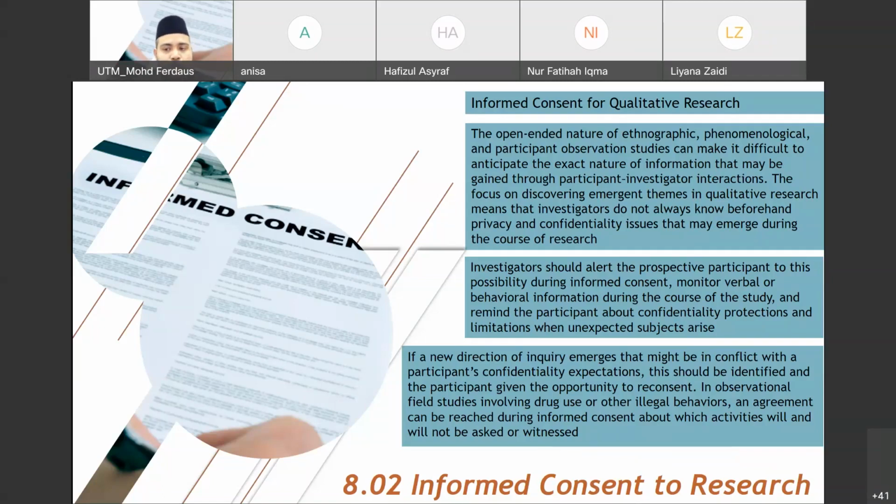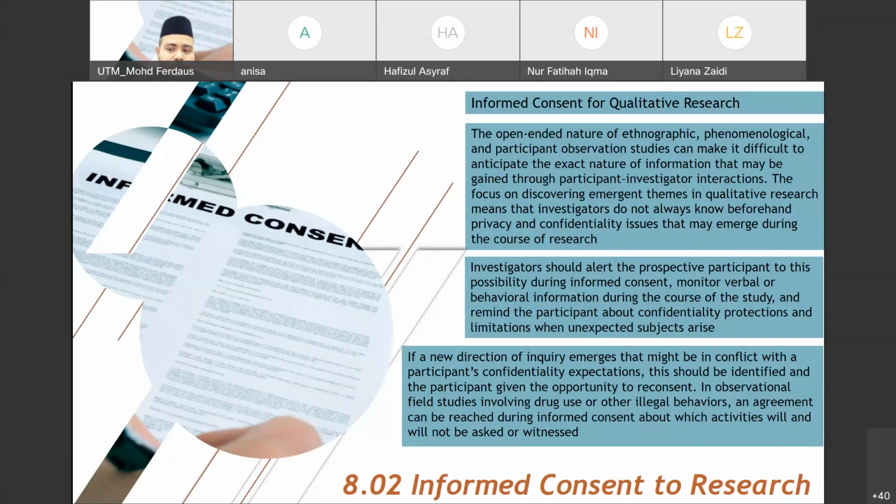So you need to make it clear, or they also need to understand, that that aspect involves confidentiality, and you should not report on that, or if you want to report on that, you need to make sure that information which is sensitive to the culture, sensitive to the participant, is safeguarded, is protected.